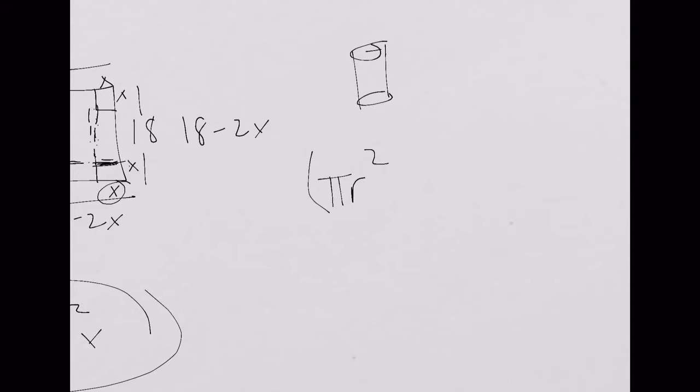But there's some cost associated to them. I think mine was 2 times the cost of constructing the sides. So I'm going to multiply it by 2 for the cost. But I also have 2 of these circles, so I'm also going to multiply it by 2. So 1, 2 is for the cost. 1, 2 is because I have a circle on top and a circle on bottom. So this is my cost equation.